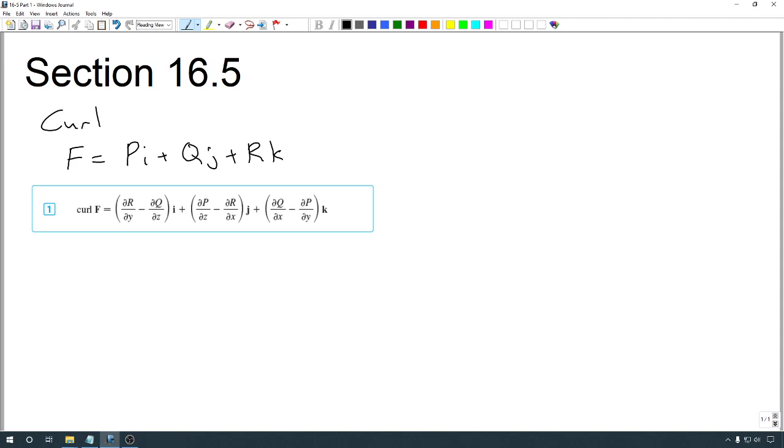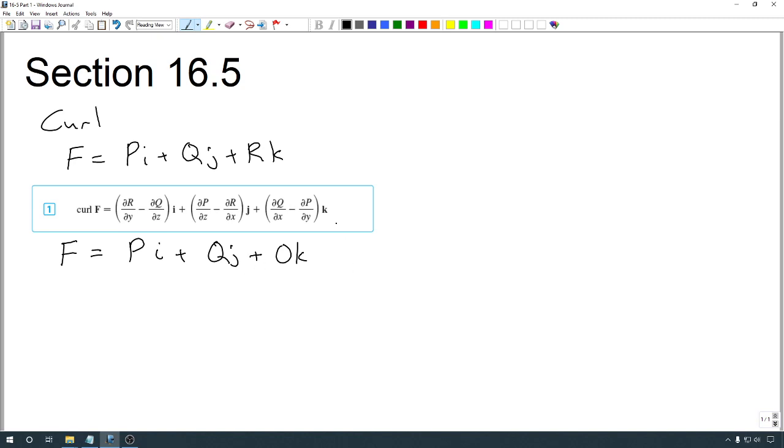setting. In fact, if we took a vector field in 2 dimensions, something like F equals Pi plus Qj, where P and Q depend on x and y, we can turn this into a 3-dimensional vector field by attaching a 0k, and while P and Q don't depend on z initially, we'll just say that they're functions of x, y, and z, where the z doesn't do anything.